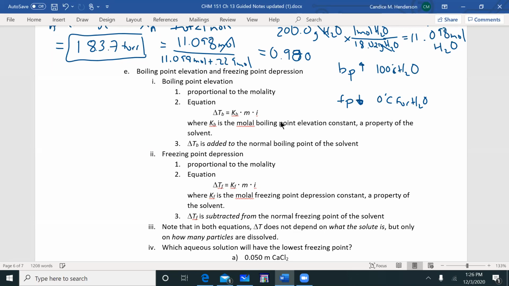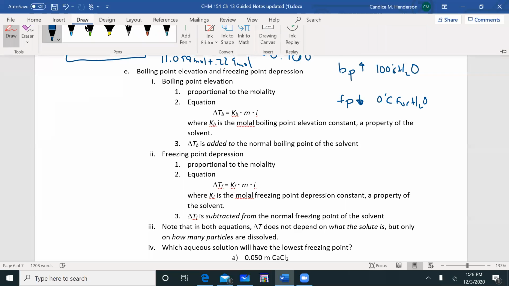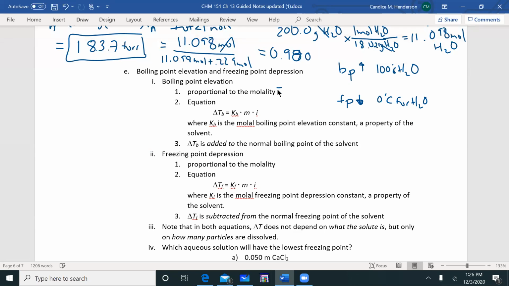The changes in freezing point and boiling point are directly proportional to the molality. Remember, molality is moles of solute over kilograms of solvent.